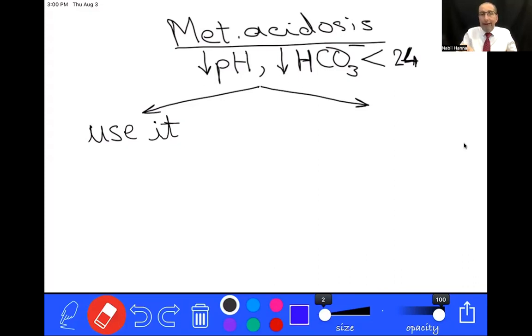Or maybe as I put some quarters in my pocket, I might lose some, and that's another way to lower this 24 coin amount. So the two ways to lower the bicarbonate content of the body is use it or lose it.